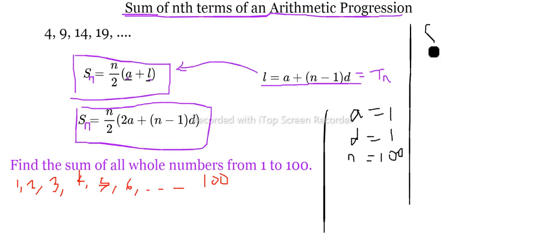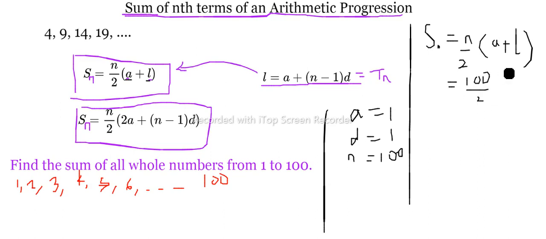So the Sn here is n over 2 into (a plus l), since we know the first and the last term. How many terms do we have? We have 100 terms, divided by 2. Then the first term is 1 and the last term is 100.